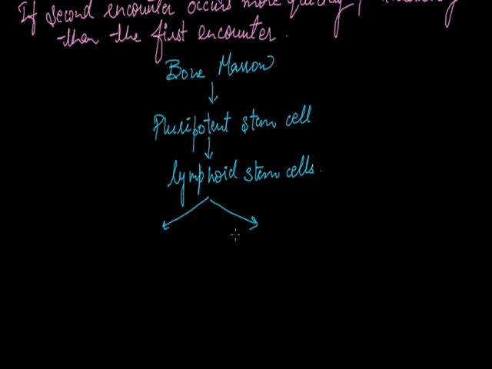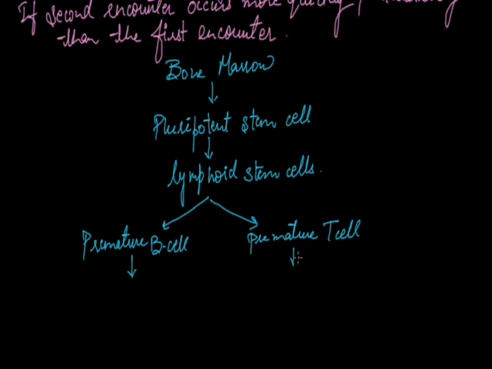For example, the lymphoid cell differentiates into premature B cell and premature T cell. Now these premature B cells and T cells will migrate to their specific lymphoid organ for maturation. B cells will migrate to the bone marrow in mammals and bursa in birds.